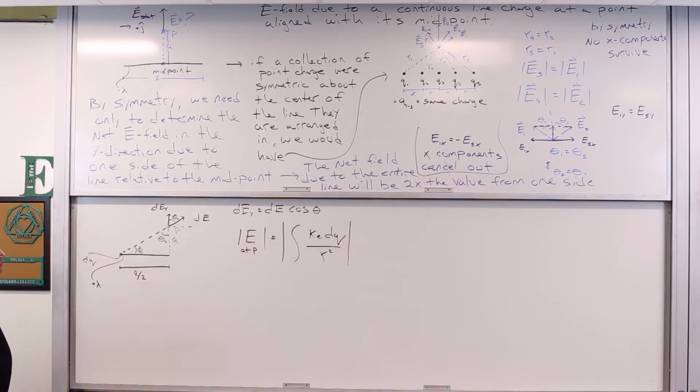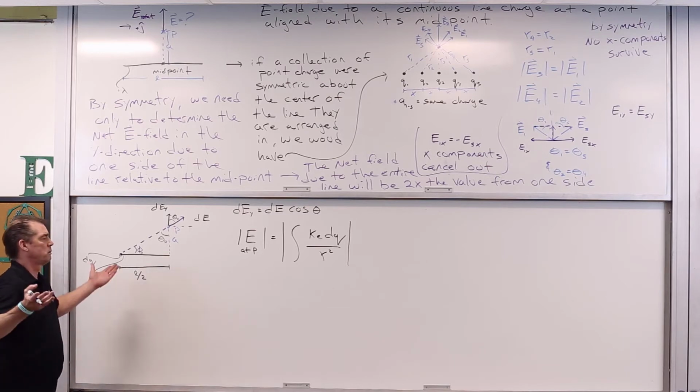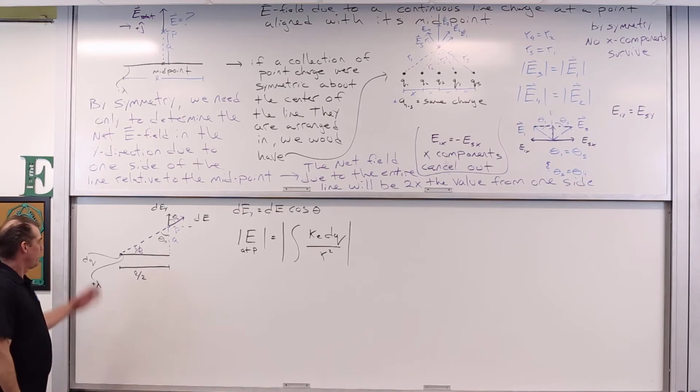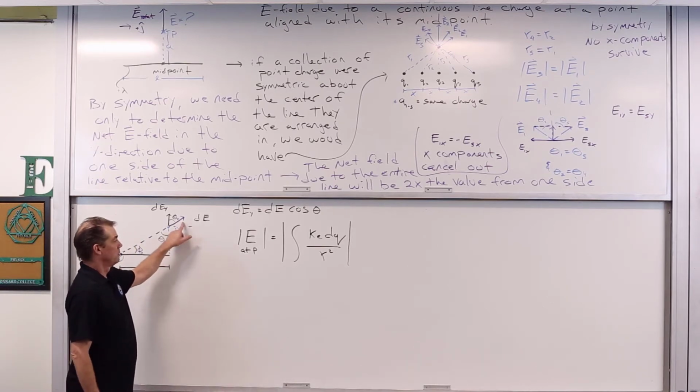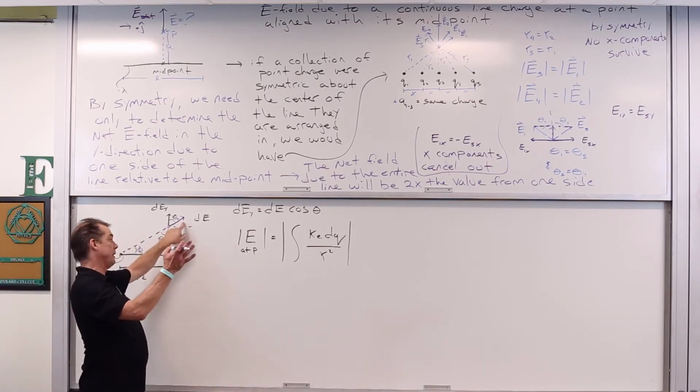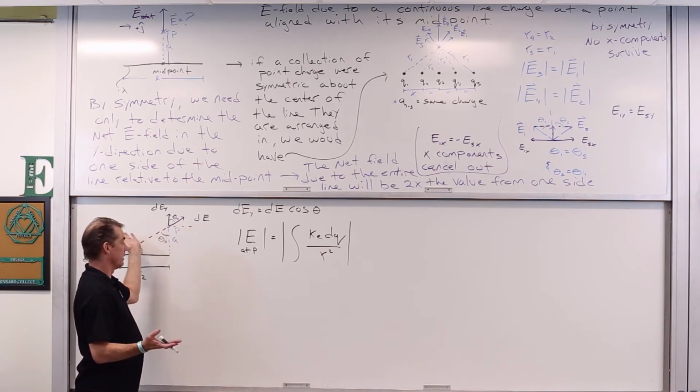And again, that's just completely general. We haven't put any limits of integration. We haven't really defined what is r and what is dq. Well, we already know that dq is equal to lambda dl. Yeah, that's it. And we can figure out some way of dealing with r, and then we can figure out some way of dealing with all of this. So this would be the overall magnitude due to integrating over the entire distribution.